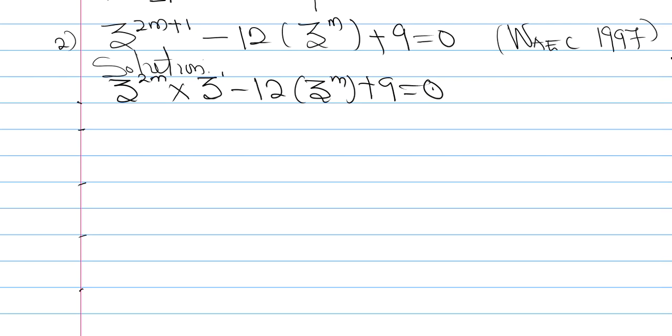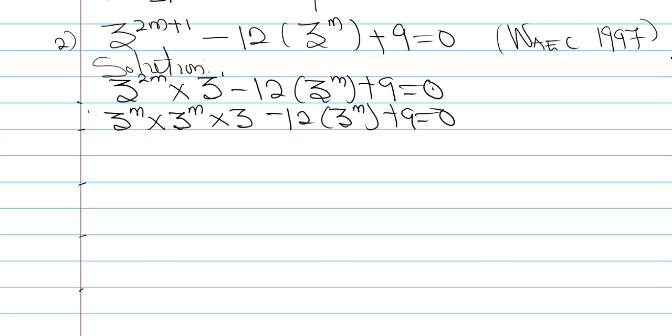Here I can say 3 raised to power m times 3 raised to power m times 3, minus 12 times 3 raised to power m, plus 9 equal to 0.